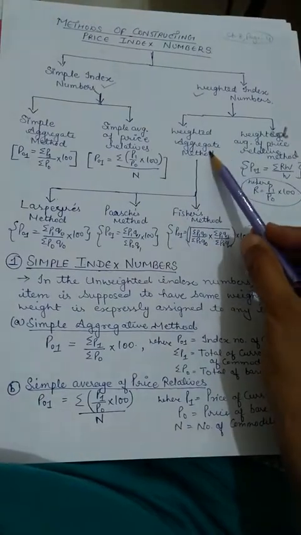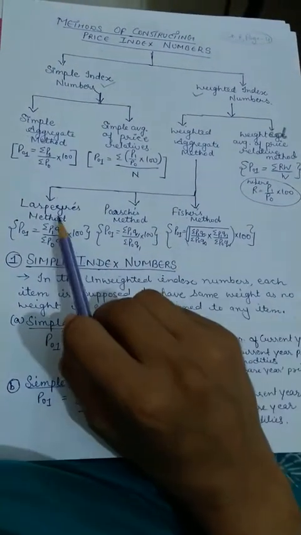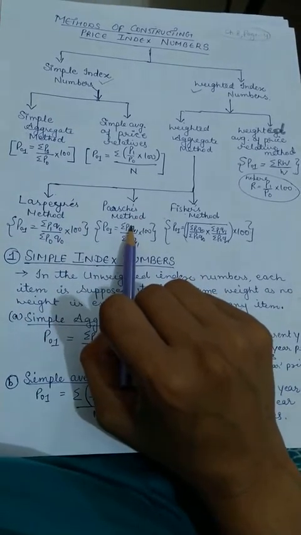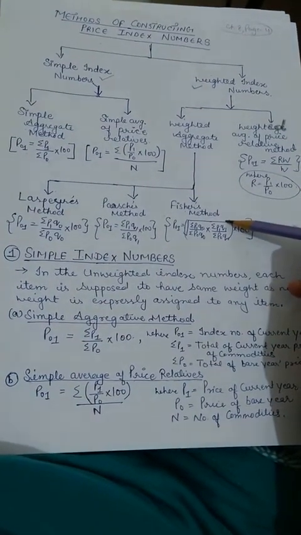Here bacha, your weighted aggregate method is having three different formulas. That is Laspeyres method, Pasche's method, and Fisher's method.